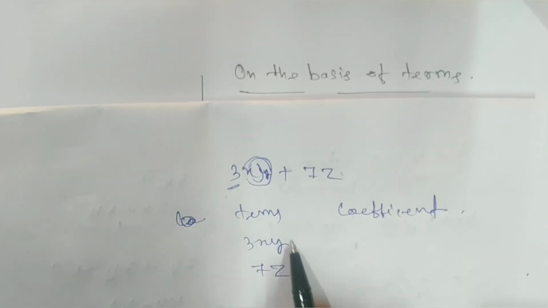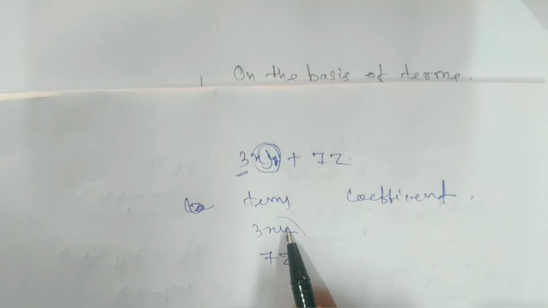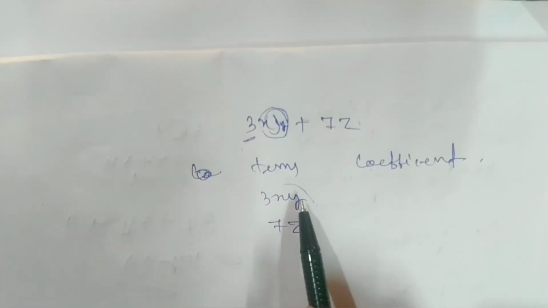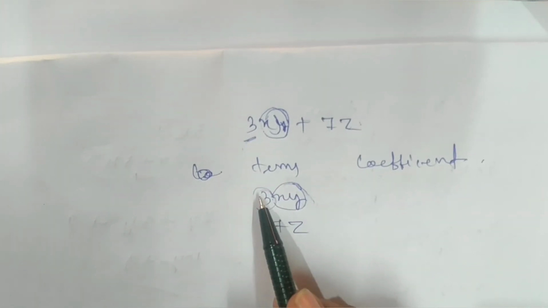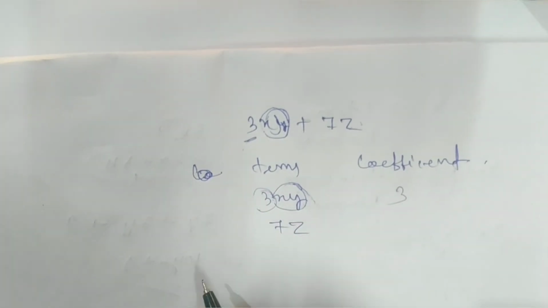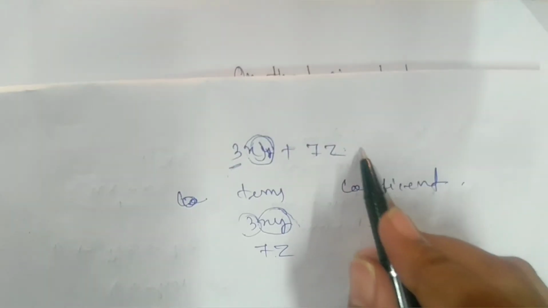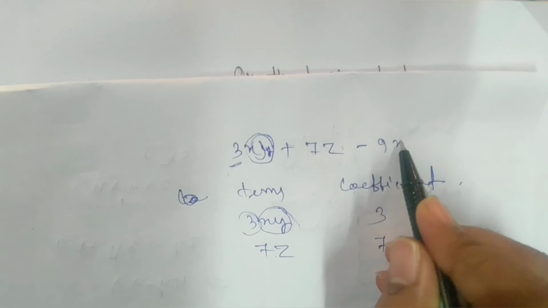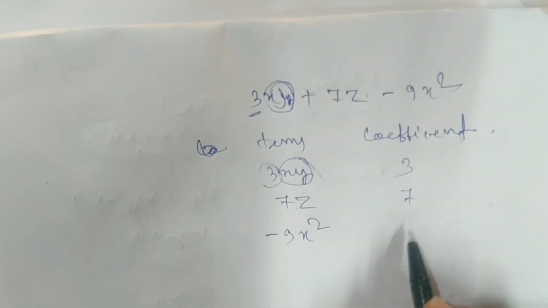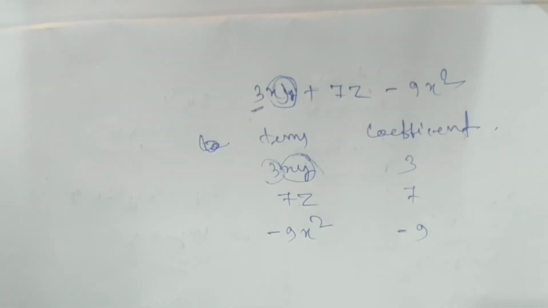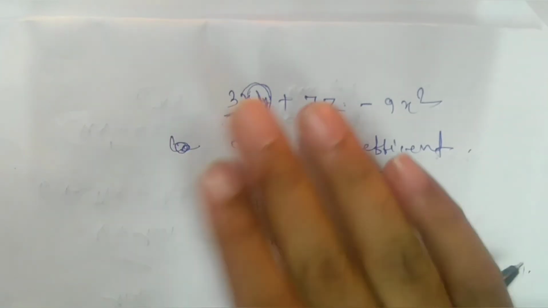So here there are two terms, we are separating these two terms like this, and we'll check how many variables are there. Keep them together, and whatever remains, that is a number, that is a coefficient. And for this one, 7. If I take more, like minus 9x square, your term will be minus 9x square, and your coefficient is what? Minus 9. So these are by default numerical coefficients.